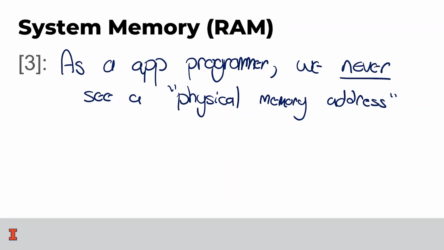Unless you do kernel development, which you can do if you take a course like 423, everything you see is not a physical address. We will never actually see the physical address because it is freakishly dangerous if all of your programs can see all of the RAM on the system. We don't want you to have access to all of the system's RAM because other people are on this computer. So you never see a physical memory address. If you have a pointer, that's not the physical memory address.